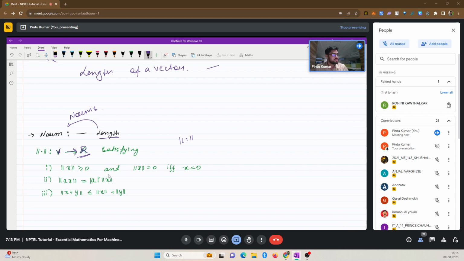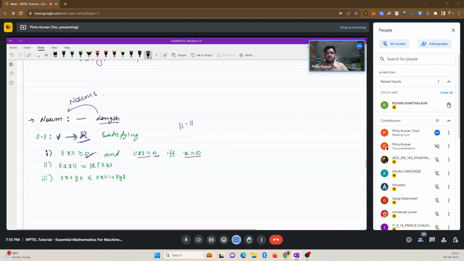First, the length of any vector must always be greater than or equal to 0. This is obvious, you don't want the length of a vector to be negative. And the length will be 0 if and only if that point is 0 itself. So any non-zero point should have a positive length. Oh, sorry, positive number, not integer.